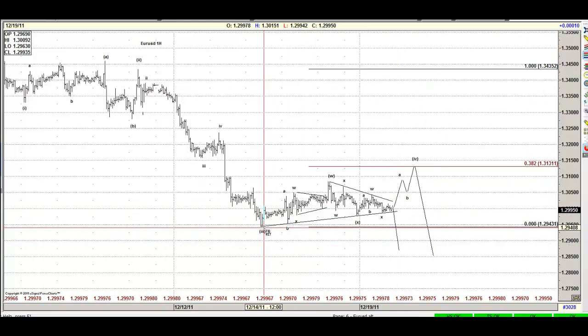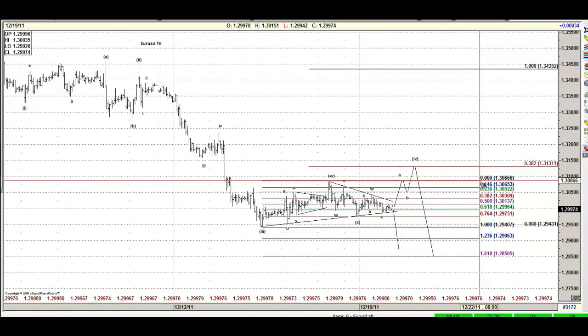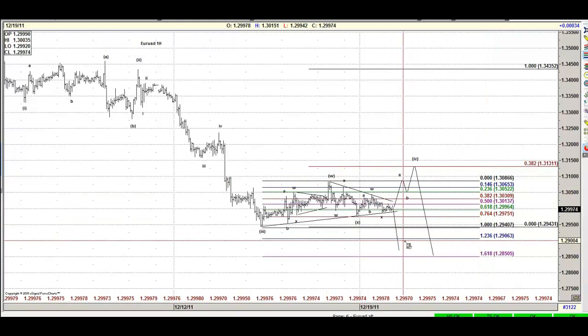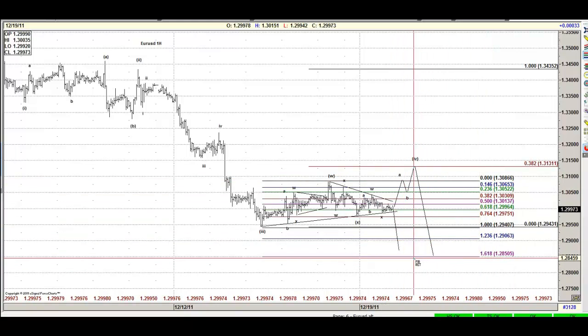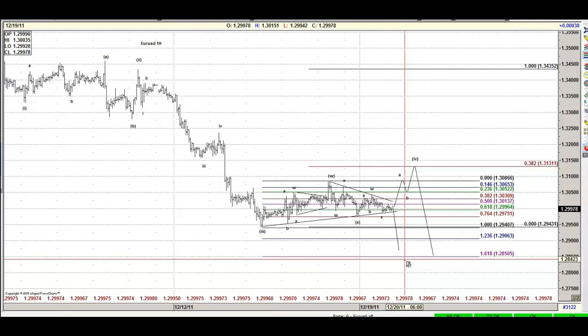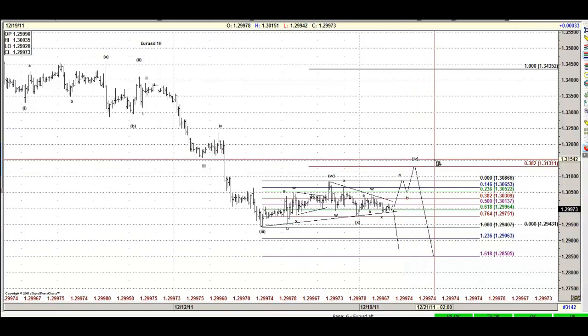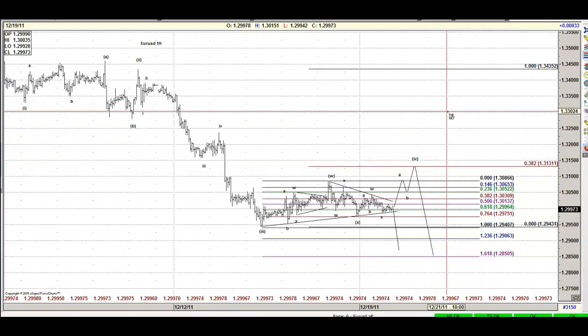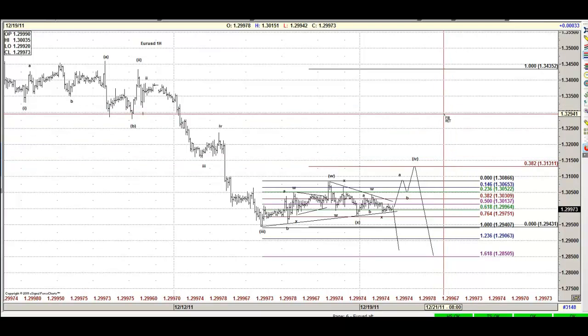If it is a triangle, you guys can look for a number around 129.06, 128.50 in a thrust, and then from there should happen a very good recovery in the risk trade. That's why you guys see that we have positioned ourselves in the short dollar trade.